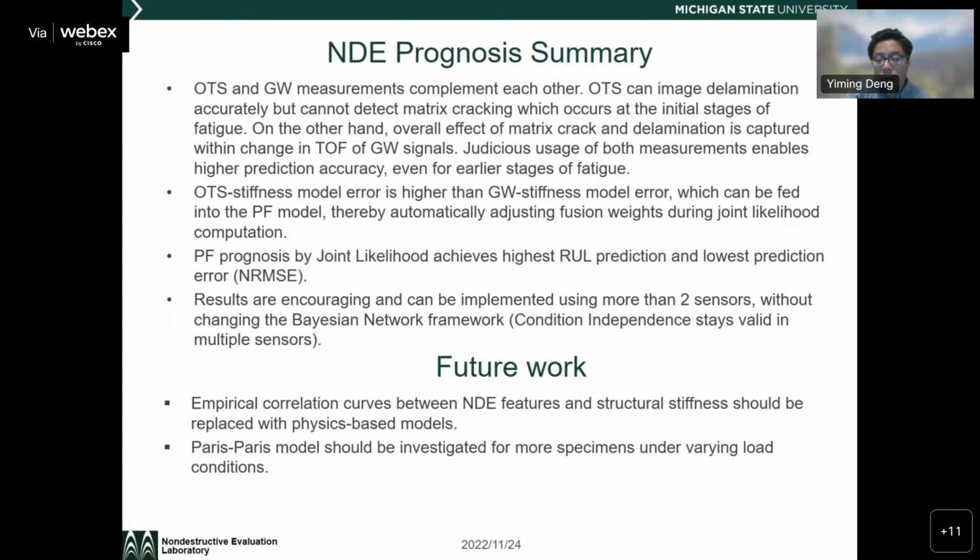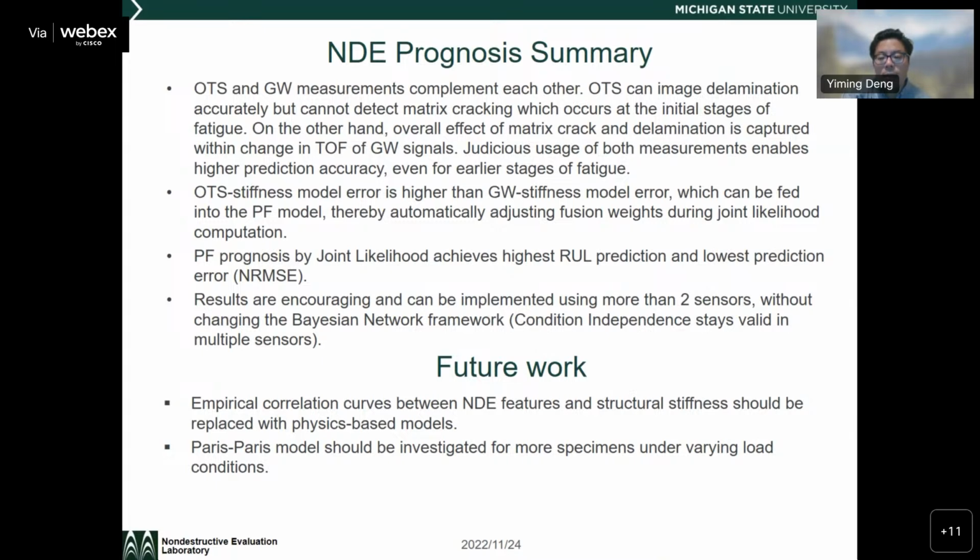There are different ways of doing it. One way is using particle filtering to statistically estimate the posterior probability. Everything is assessed using quantitative metrics, and we show that by doing the fusion of NDE methods, here with a joint likelihood approach, you can have promising results by using two sensors at the same time.